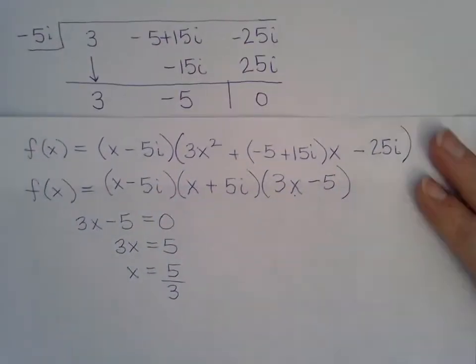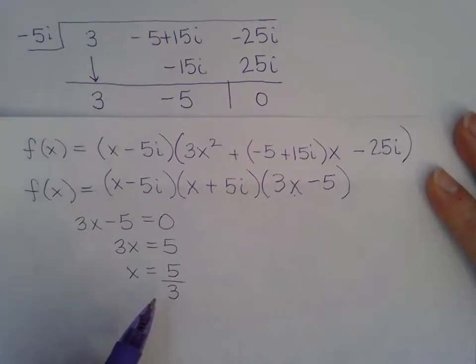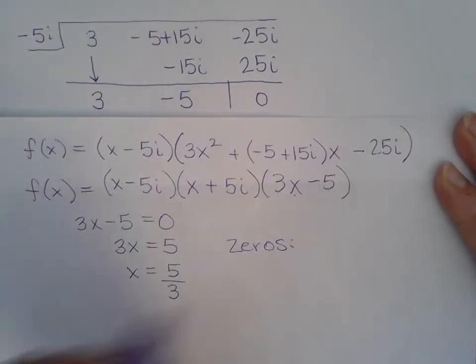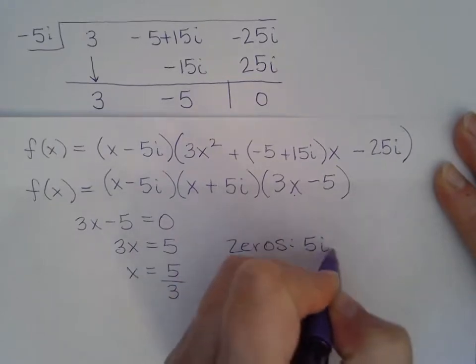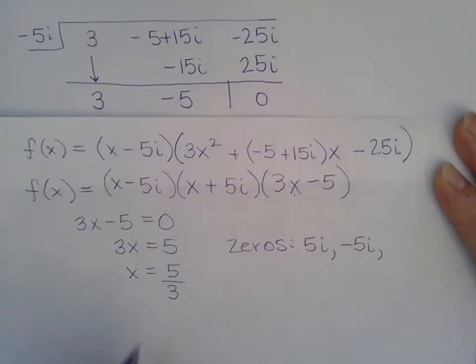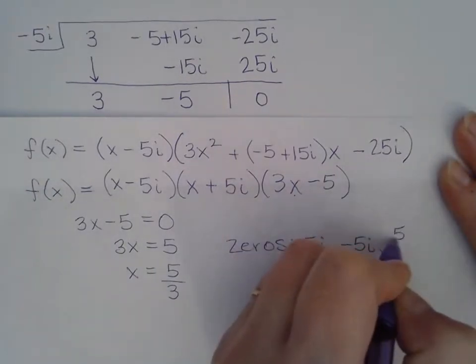Okay, so we have 3 zeros for this function. 5i, negative 5i, and 5/3.